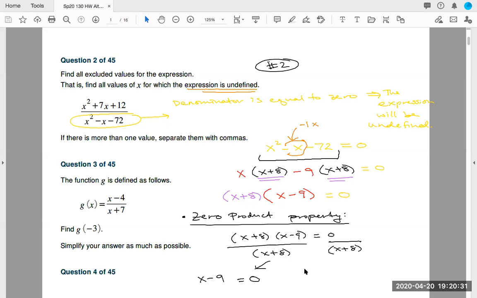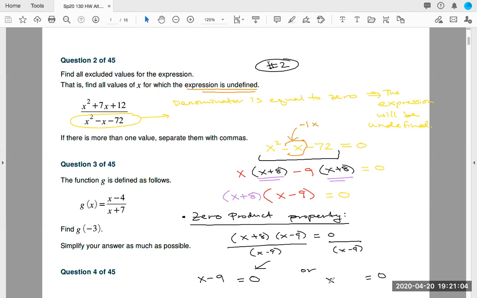Okay. Or if I instead divided both sides by this second factor, x minus 9, then I would get a 0 on the right side, and x minus 9 would cancel top bottom on the left side.